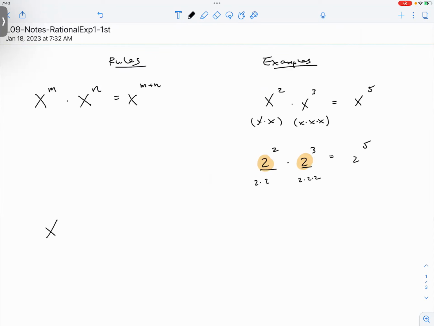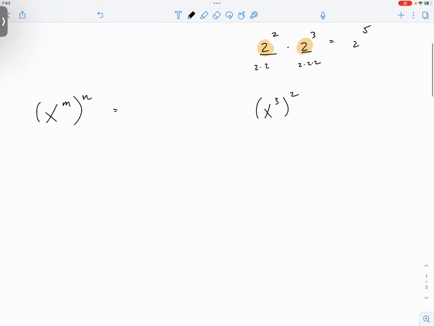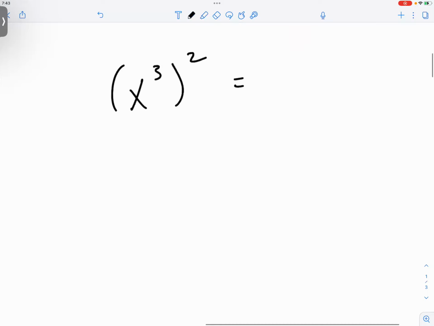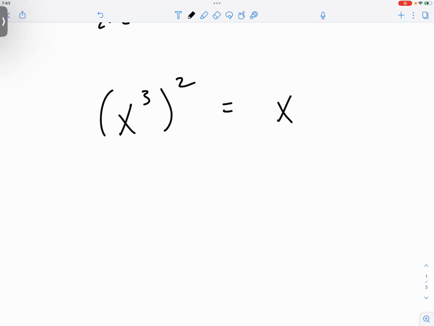All right, another rule, x to the m and then raised to the n power. Okay, I think we talked about this yesterday. Let me just go over this again. So just like that x cubed, and then we square it. What does it mean? What do we have? This one is x to the 6th power.